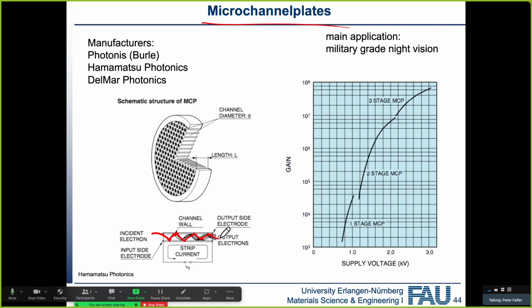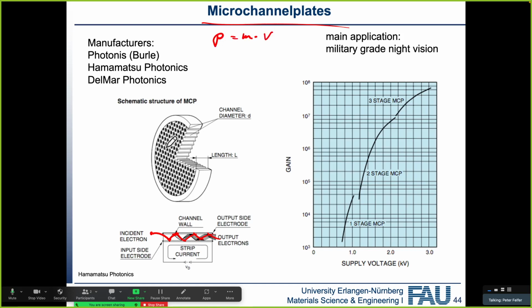So essentially, you get an electron avalanche. Here it's drawn with an electron, but you can also use an ion or a photon to do that. They just need to have sufficient energy, or sufficient impulse. What microchannels react to is impulse.